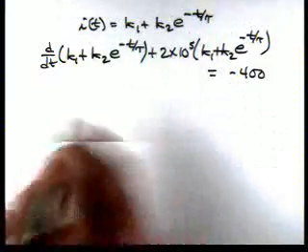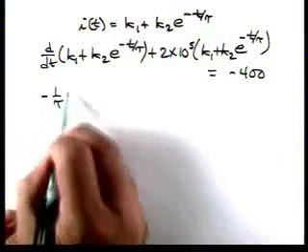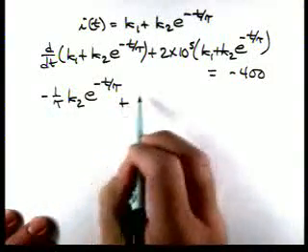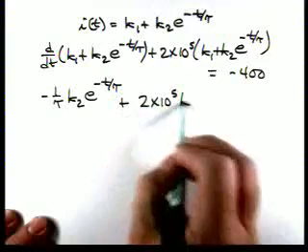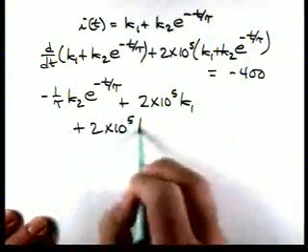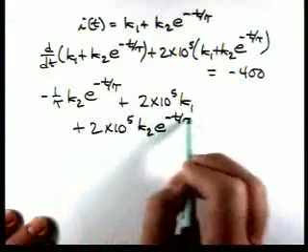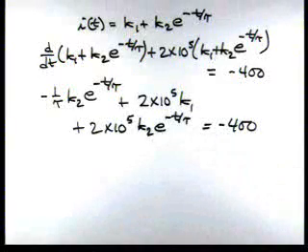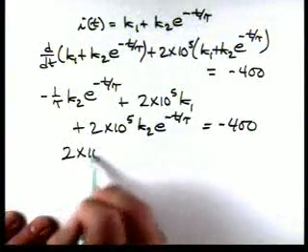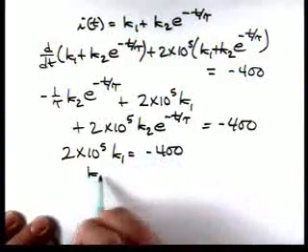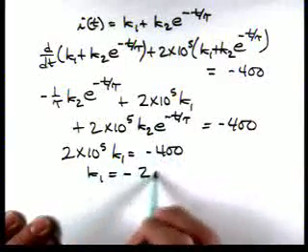So if we look, we'll have minus 1 over tau k2 e to the minus t over tau plus 2 times 10 to the 5th k1 plus 2 times 10 to the 5th k2 e to the minus t over tau is equal to minus 400. And if we look, 2 times 10 to the 5th k1 has to equal minus 400. So that says that k1 has to equal minus 2 milliamps.